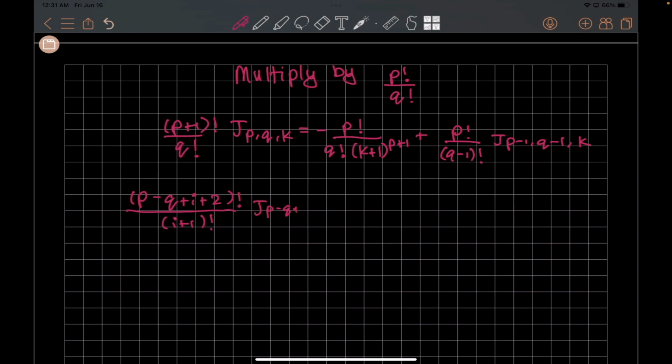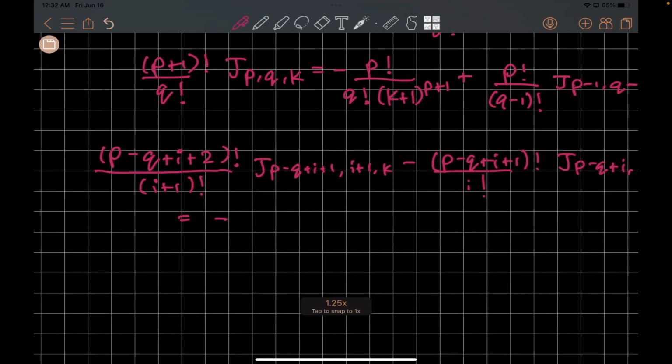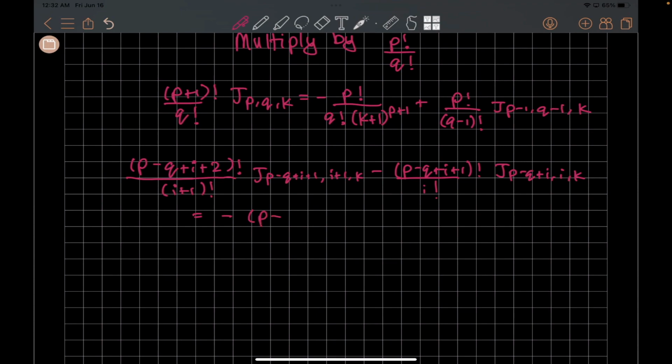J_{p-q+i+1, i+1, k} minus the consecutive term that we need, (p minus q plus i plus 1) factorial over i factorial, J_{p-q+i, i, k}, equals negative (p minus q plus i plus 1) factorial over (i plus 1) factorial, (k plus 1)^{p-q+i+2}.